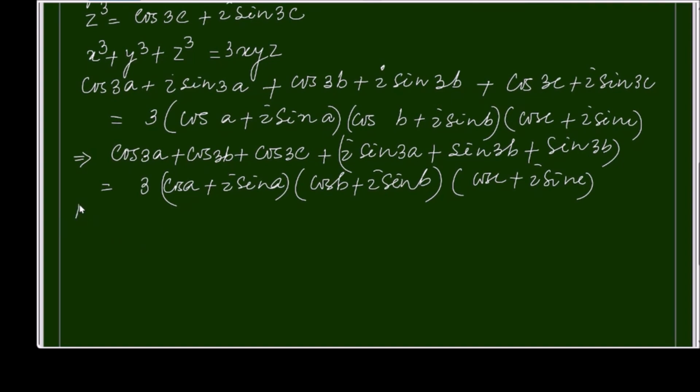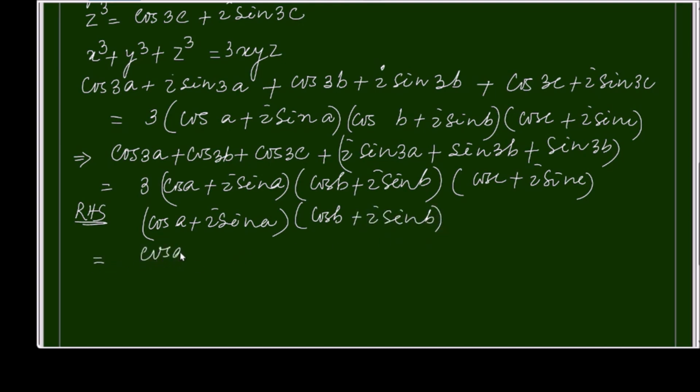Now for the right hand side, I am writing the first two expressions, that will be (cos a plus i sin a) multiplied by (cos B plus i sin B). Let us see what is the result of this expression.